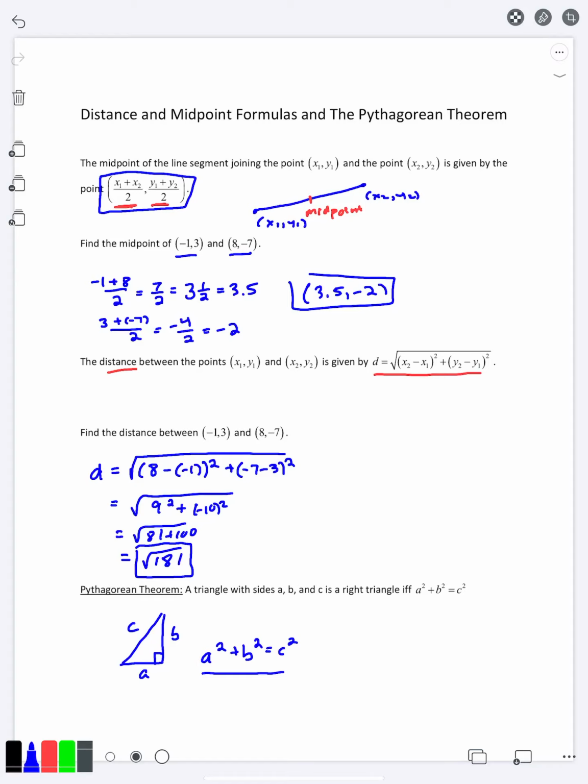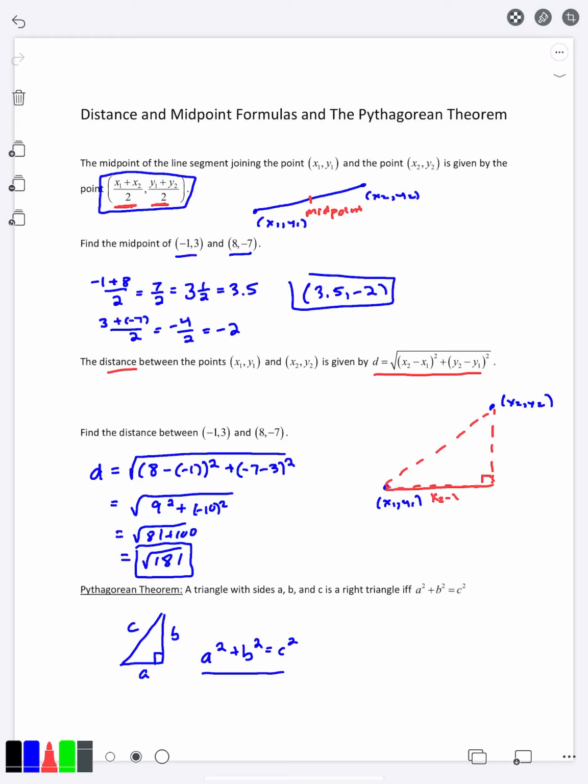And if you're wondering how this gets to the distance formula, well, if you go ahead and take your points here, x1, y1, and you take your second point, x2, y2, and we're going to go ahead and draw a little right triangle here. Well, if I ask you how long is this bottom side of this right triangle, well, that's how much your x-coordinate changed.